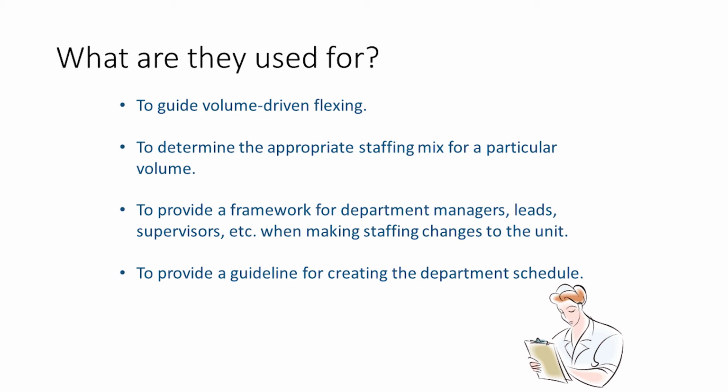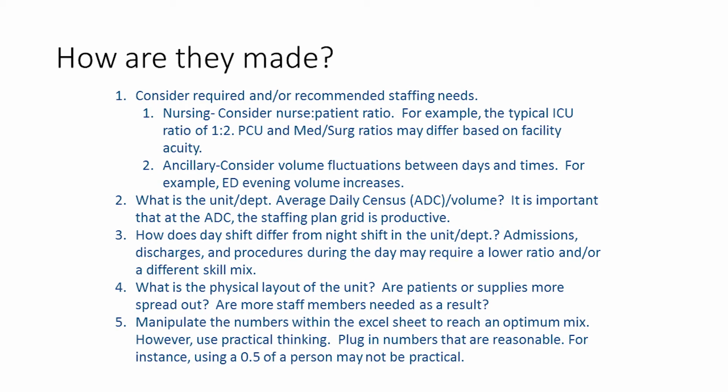So those are used to guide volume-driven flexing and determine the staffing mix for volume, which has a framework for managers, leads, and supervisors on when and how to make staffing changes for the unit and provide a department schedule each month. So they're made looking at staffing needs, nurse to patient ratios.